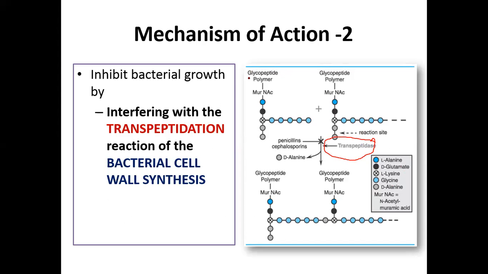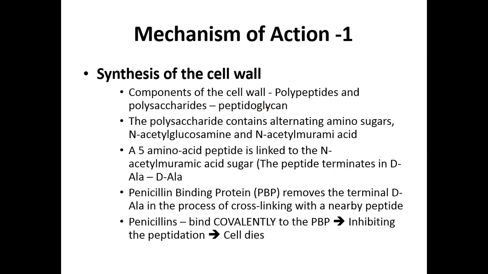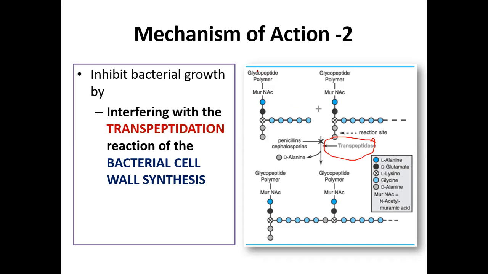We have a glycopeptide polymer made up of muramic acid and N-acetyl glucosamine. I need to get that name right. N-acetyl glucosamine and N-acetyl muramic acid. These are the ones that are the building blocks. Okay.